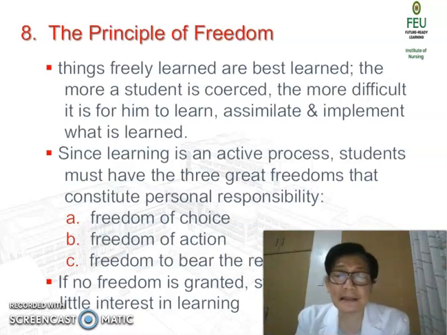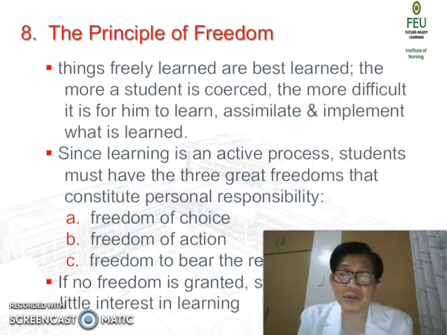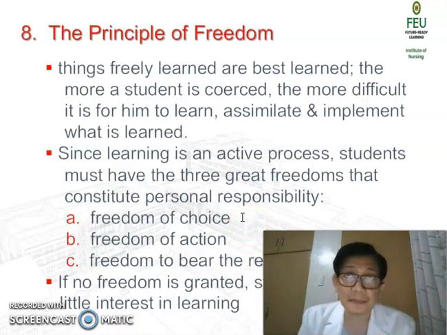Since learning is an active process, students must have the three great freedoms that constitute personal responsibility: the freedom of choice, the freedom of action, and the freedom to bear the result of the action. So in that case, learning will take place without coercing an individual to study on a specific topic, but the ability of the learner to really try to learn by himself, no?